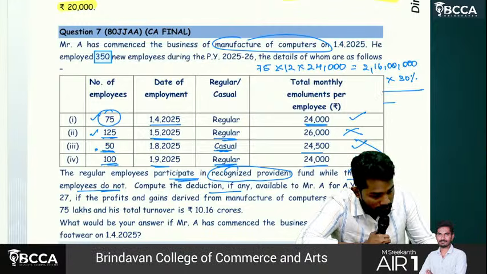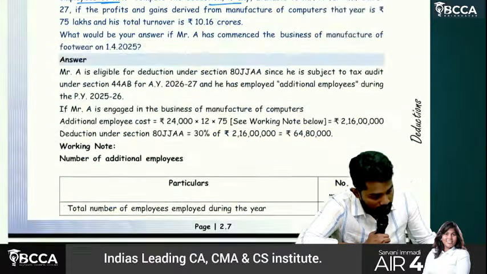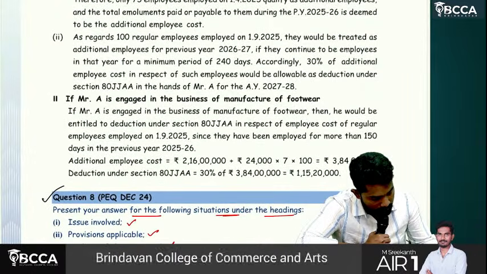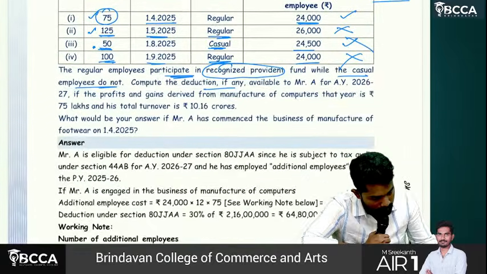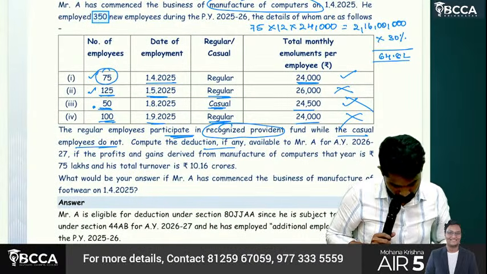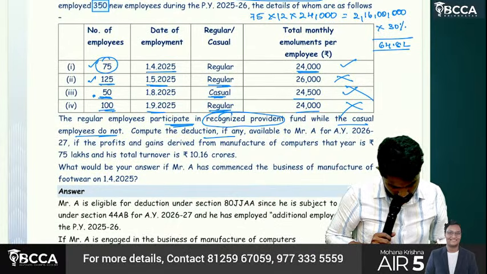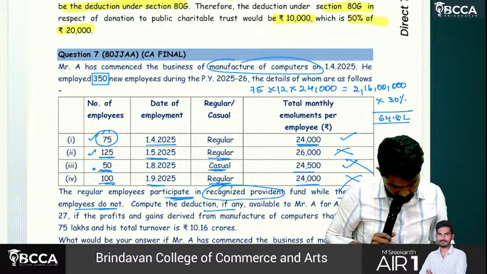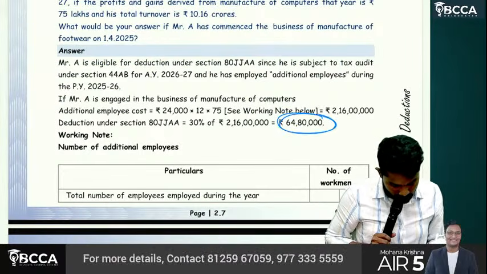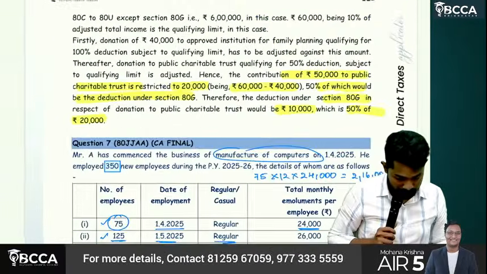How much? 64.8 lakhs. 64 lakh 80,000. Okay, done.